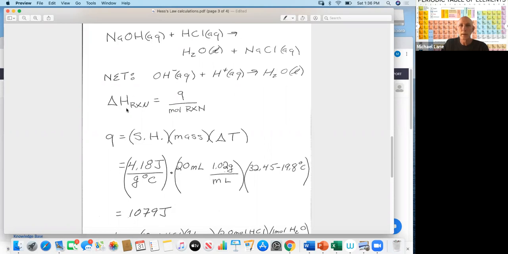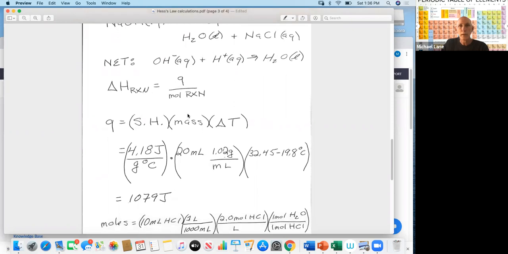The enthalpy of the reaction, delta H, and this is my abbreviation for reaction, is Q, the heat, that is not the number 9, divided by the moles of reaction, right? Joules per mole. So I need to calculate Q, the heat, and moles of reaction.